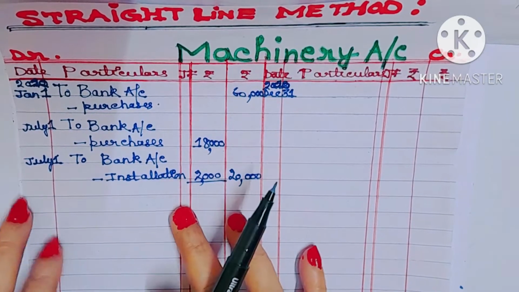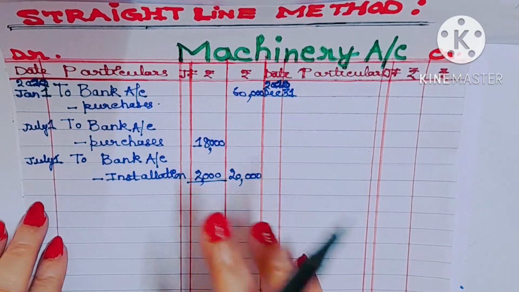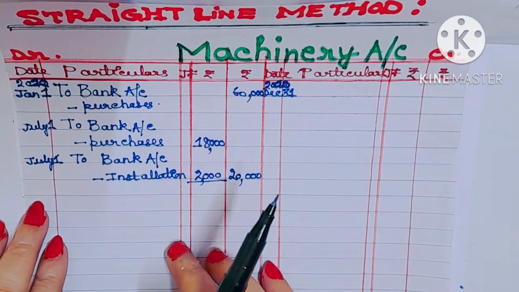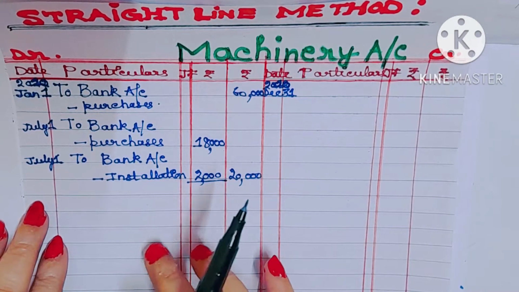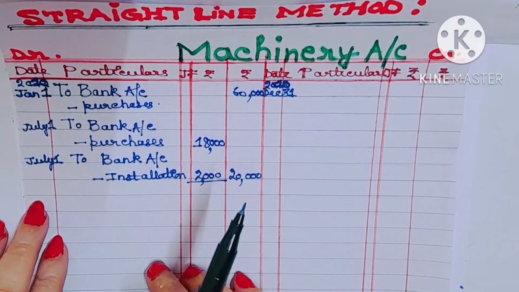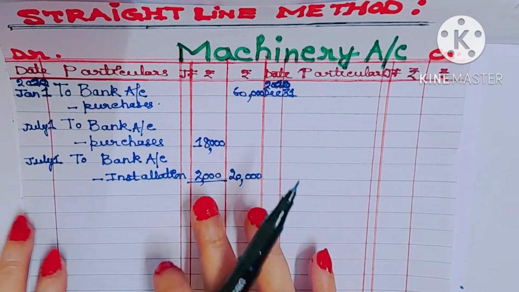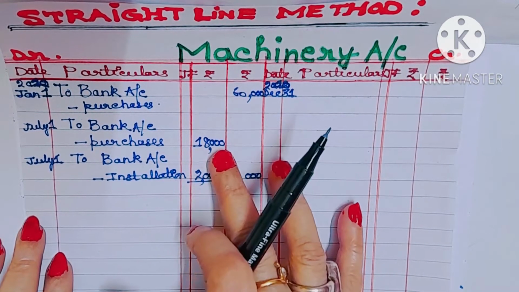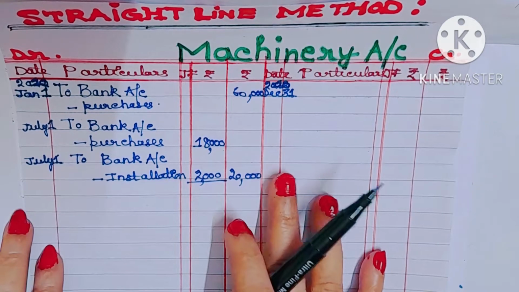Understood? The additional expenses could be installation, duties, transit insurance, erection, anything. All you got to do is add up those expenses with the cost of the machinery purchased.